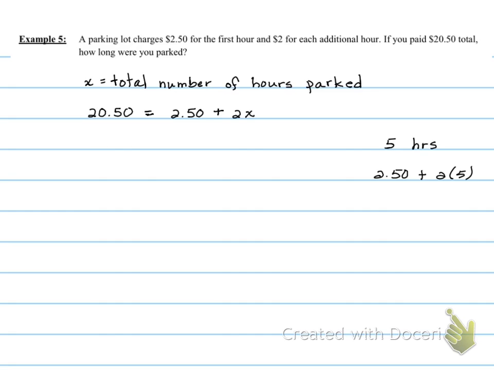Well, we can't take off the $2.50 because then we'd just say I was paying $2 for each hour. So what we're going to have to do, like, what should this number really be? How many hours do I actually pay $2 for? 4, right? So when I multiply by the number of hours, we want to think of that as multiplying by the number of hours after the first hour, which is just 1 less than the total number of hours.